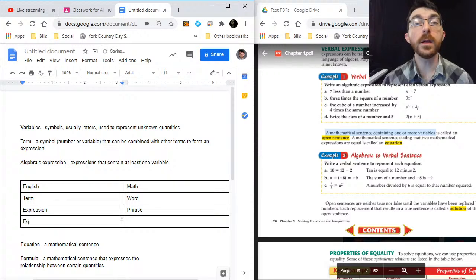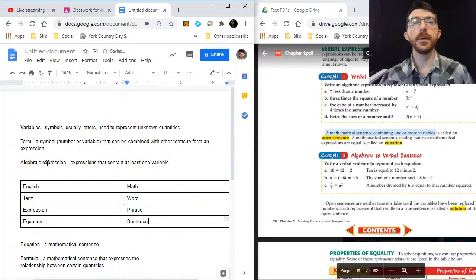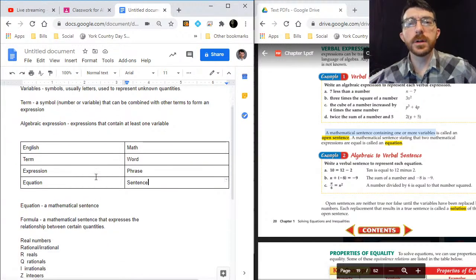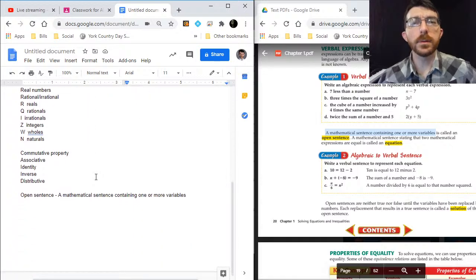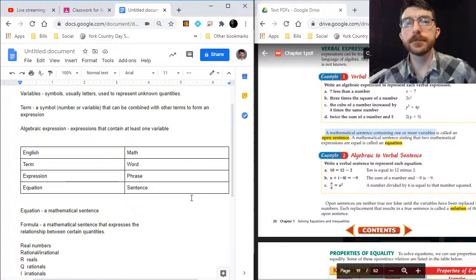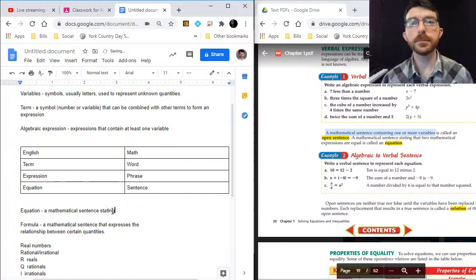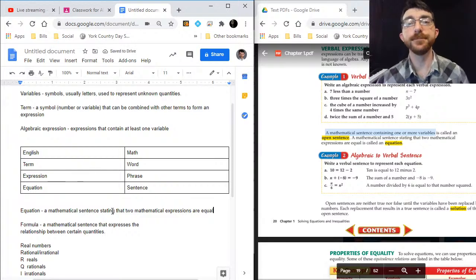And then equation is a sentence: two phrases linked by a verb or something. All right, so here we go. Mathematical sentence stating that two mathematical expressions are equal.